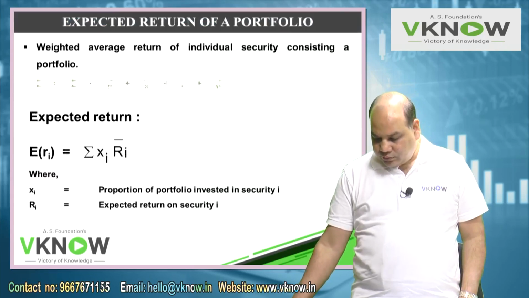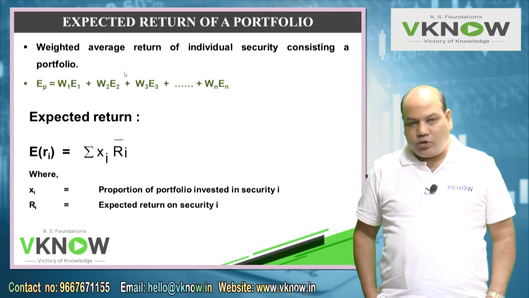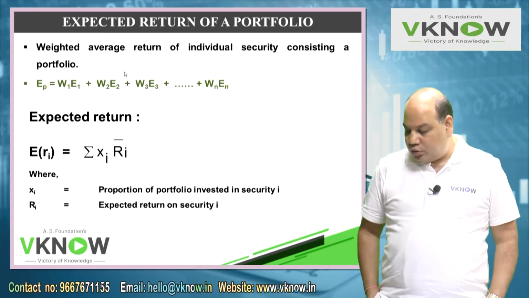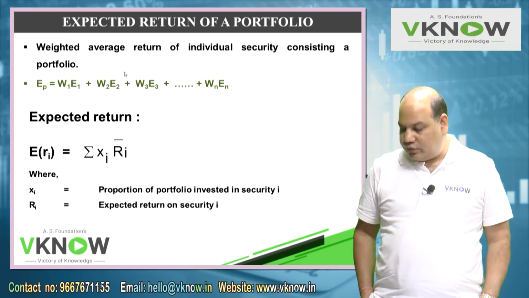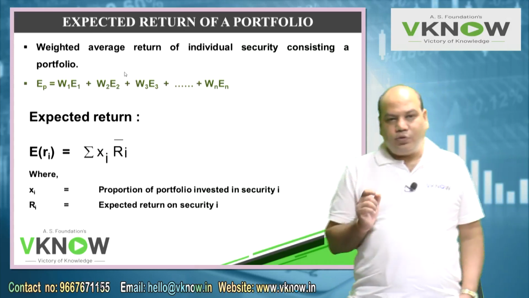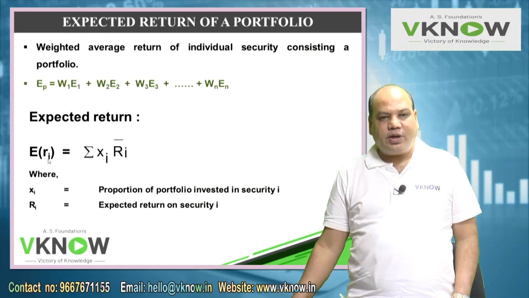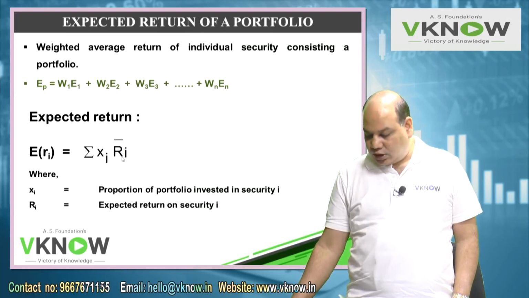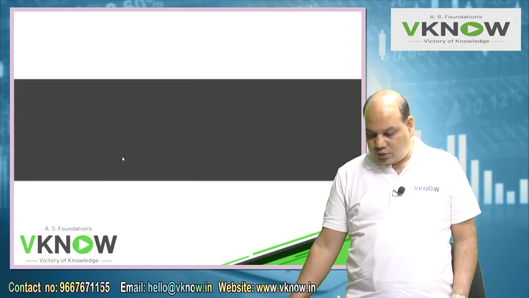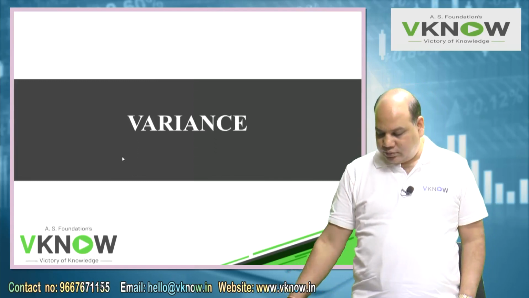Now next is, in case if you have portfolio, how will you calculate the portfolio return? Portfolio return is the weighted average return, that is formula wise expected return of the portfolio is summation of xi ri, where xi is the weight and ri is the return of the individual security.